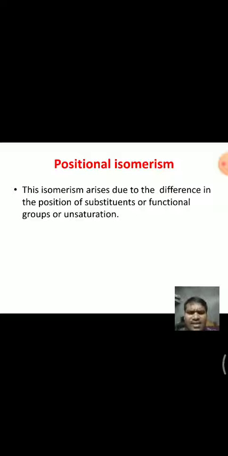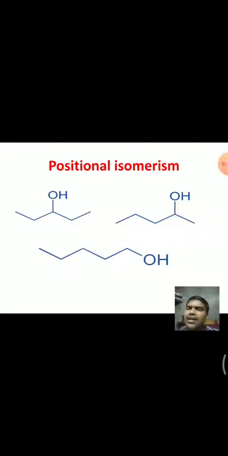Let us see some more examples for positional isomerism. Here mainly the difference is in the position of the substituents, functional groups, or unsaturation. In the example, the first one is 3-pentanol, the second one is 2-pentanol, and the third is 1-pentanol.